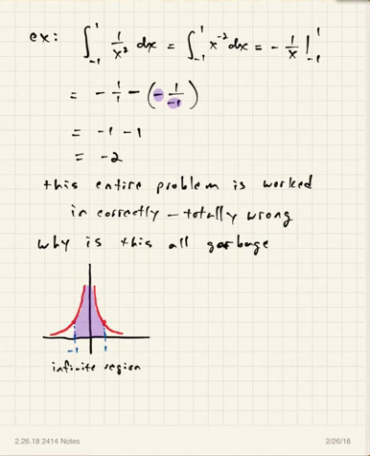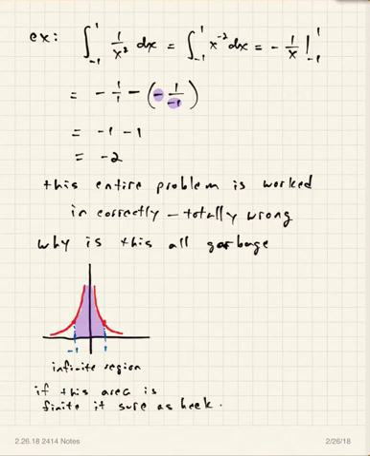Strange, right? That could possibly be true, but definitely it's true here. And so if this area is finite, it sure as heck is not equal to negative 2. But that's what we got when we evaluated this integral.